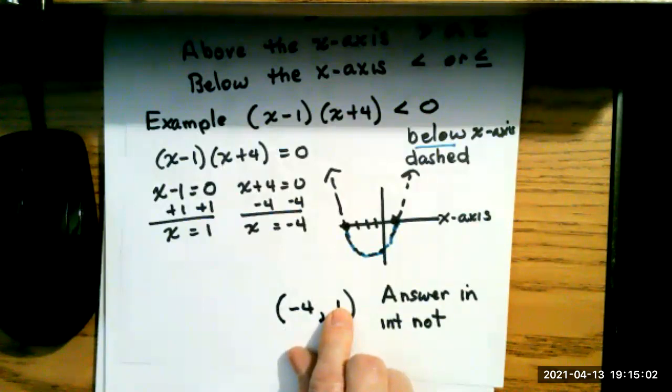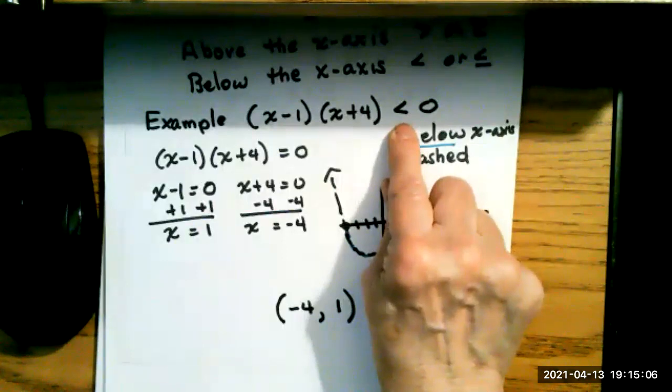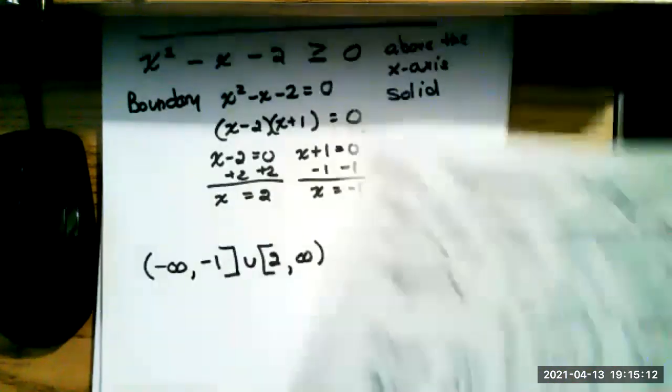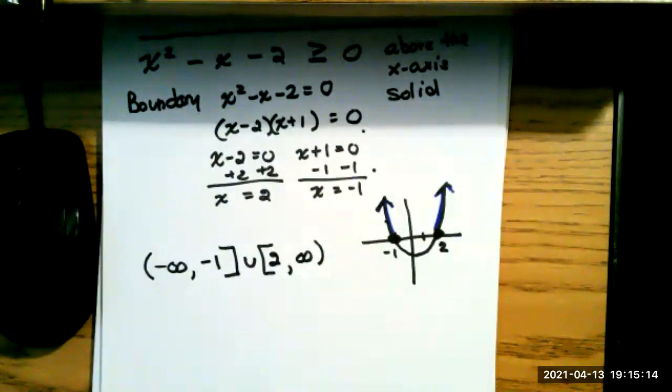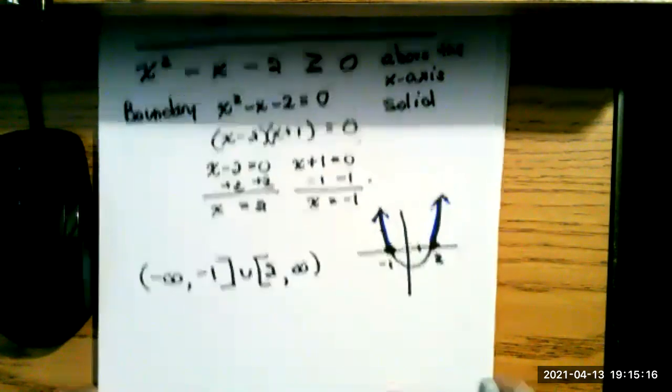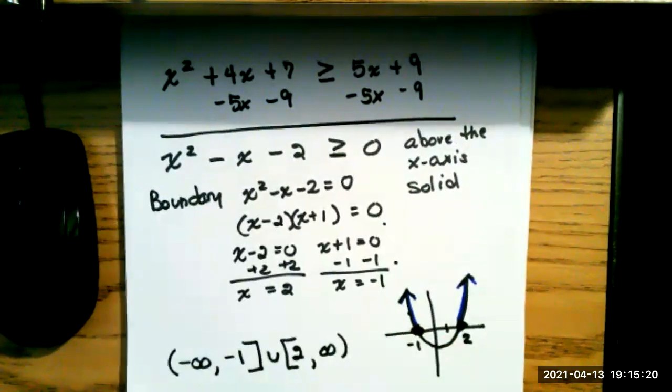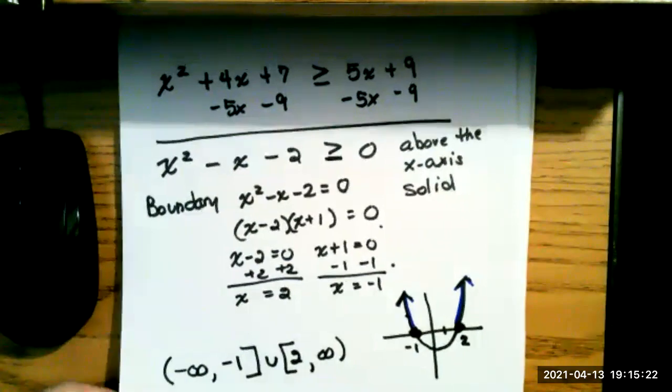And it doesn't include those points because there's not an equal to underneath the less than. Oh, okay. It makes it look like a point, but it's not a point. Good question. Be careful on these greater thans.